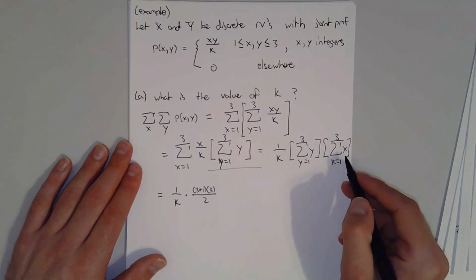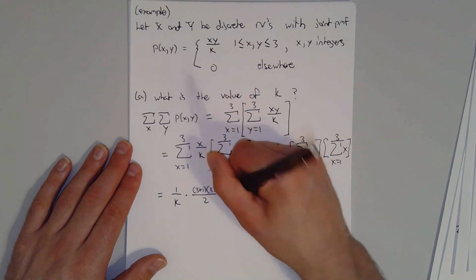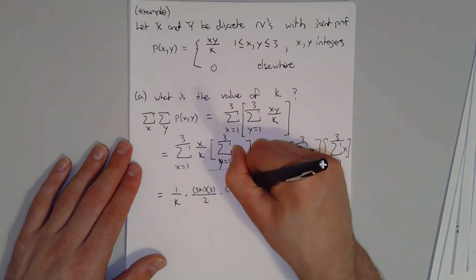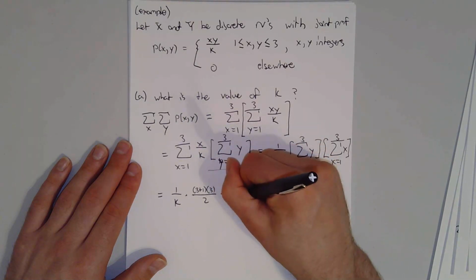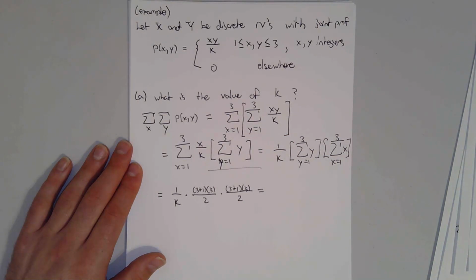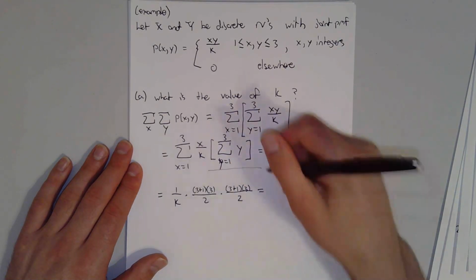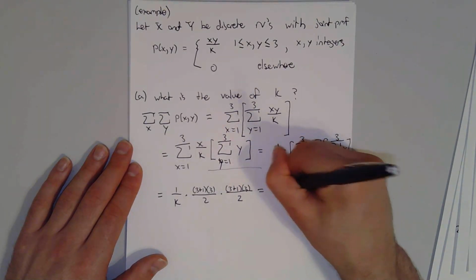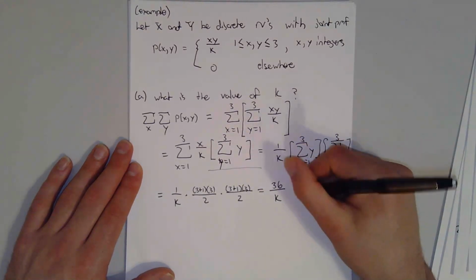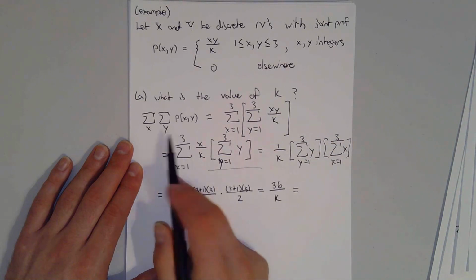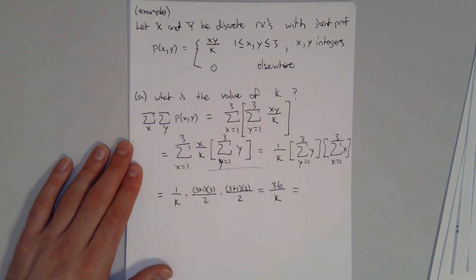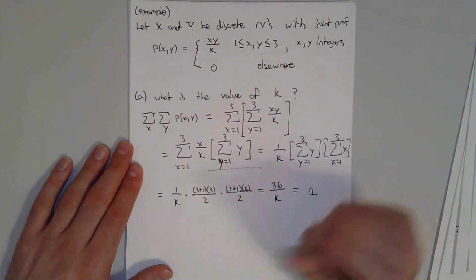Similarly, the second sum is also the same, and this product simplifies to 36 over k. By definition, since this is a joint PMF, this double sum must equal 1.